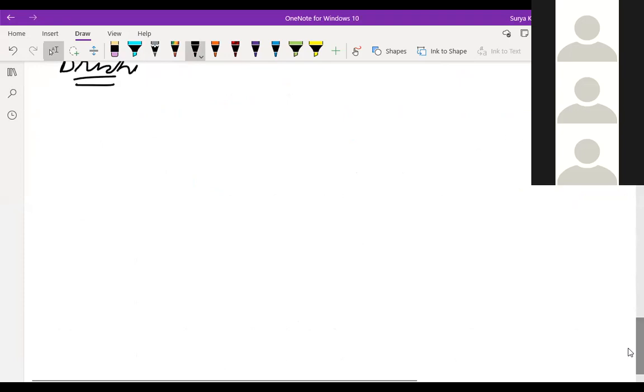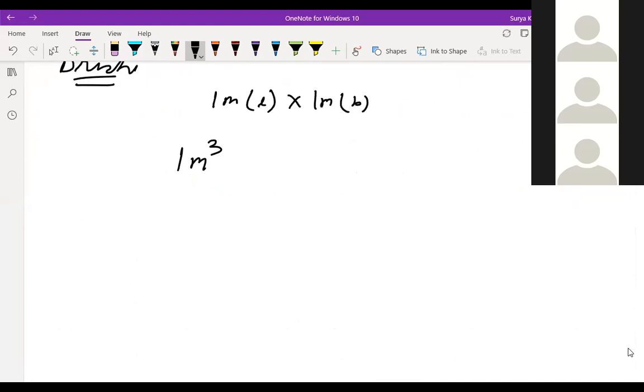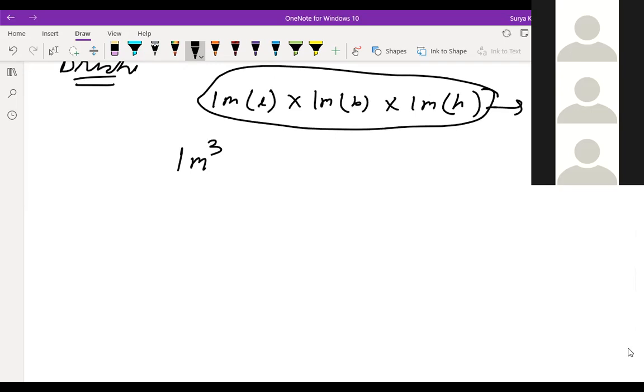See, once you write here 1 meter cube, suppose you take 1 meter, any can is there. If 1 meter is length, 1 meter is breadth, and 1 meter height, in this can how many liters can you put? You know, 1000 liters of water you can put.